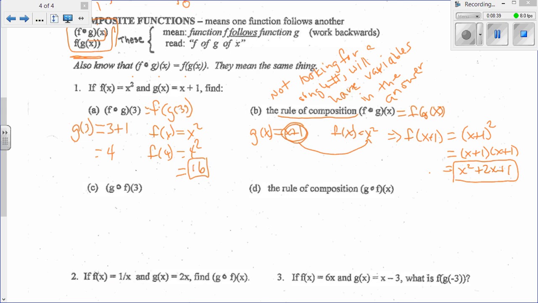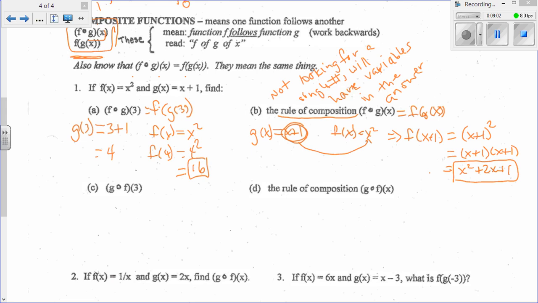So if I were to do problem A and find f of g of 3, but use my rule of composition, if I put in 3 in place of x, I would get 3 squared, which is 9, plus 2 times 3 is 6, 9 plus 6 is 15, plus 1 is 16.